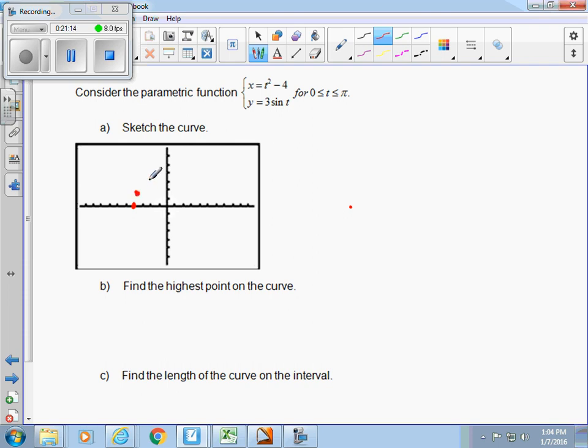Alright, and then pi over 2. What did we get when we did pi over 2 squared minus 4? Negative 1.5 for x. Approximately, not exactly, right? Okay. Negative 1.5 and then 3. Is that right?